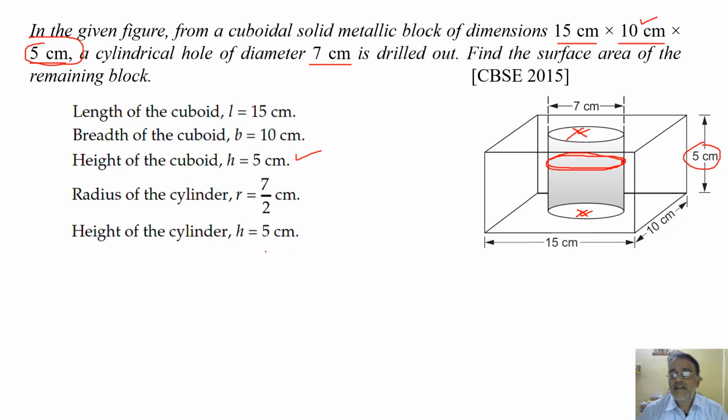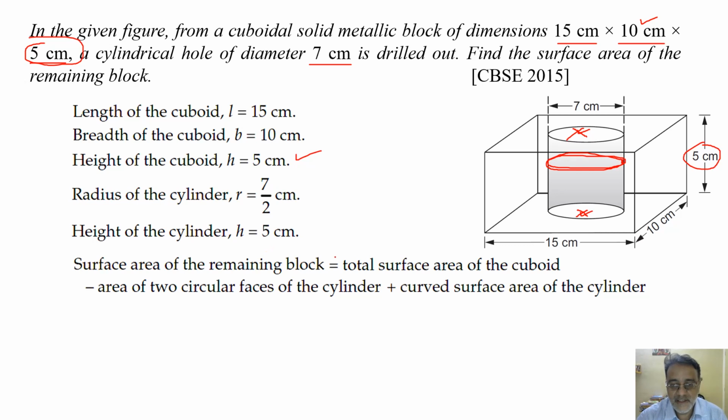No, sir. Right, now the surface area of the remaining block, I told total surface area of cuboid minus area of two top and bottom of cylinder plus CSA of cylinder, right? Total surface area of cuboid is 2 into LB plus BH plus LH. Area of two circular faces of cylinder is 2 into pi r square, and CSA of cylinder is 2 pi r h.